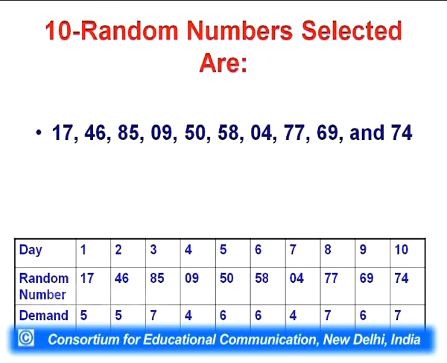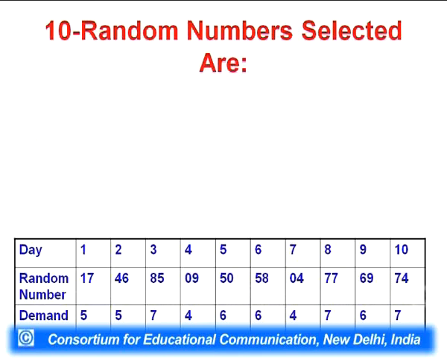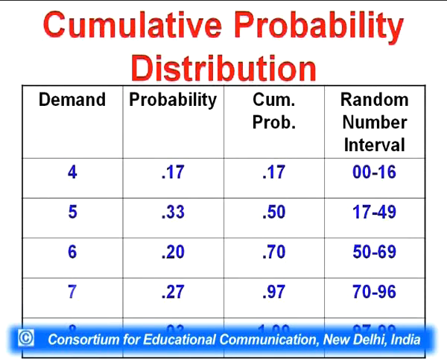The third random number is 85. We'll see what the demand is against 85. We'll go to the previous table. 85, rather 58. 58 lies in the interval 50 to 69.